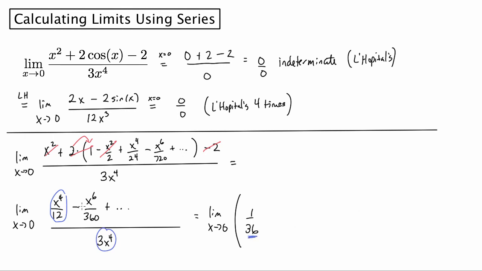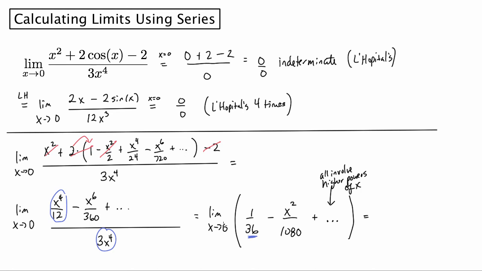The next term, I get minus x to the sixth divided by x to the fourth gives you an x squared, and then you get 360 times 3, which is 1080. Plus the next term would be an x to the eighth, which would leave an x to the fourth and change, but the point is all of these terms involve higher powers of x.